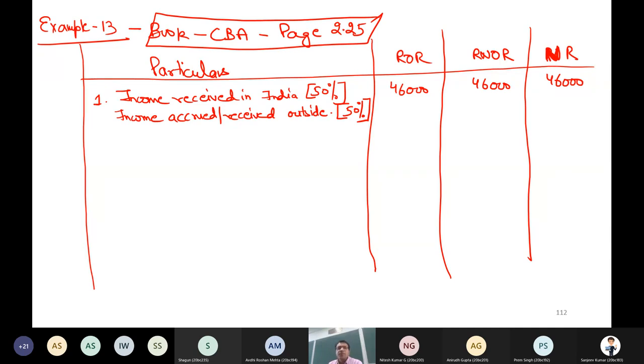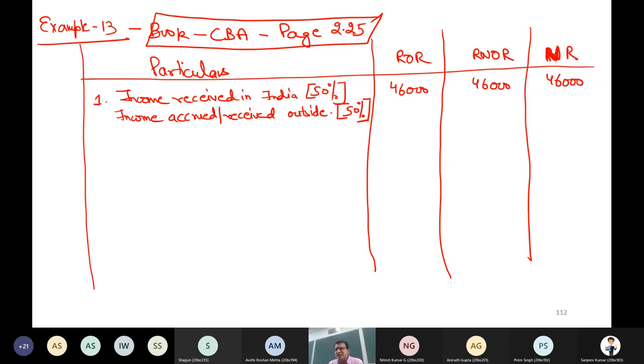This interest income is received on American development bonds. It is not mentioned from where it is received, so I do not know who is the borrower. American government might be the borrower, so I don't know anything.